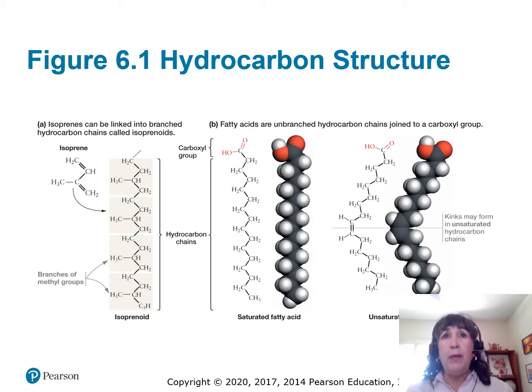But notice in B, that fatty acid is saturated, and that's why it's very linear, because it's all single bonds and it has a maximum number of hydrogens. But if you look at the last diagram on the right-hand side, you see that there's a kink, and that kink is caused by a double bond. That means it's unsaturated. It doesn't have the maximum number of hydrogens, and you can tell by counting the hydrogens, or you can look at the double bonds.